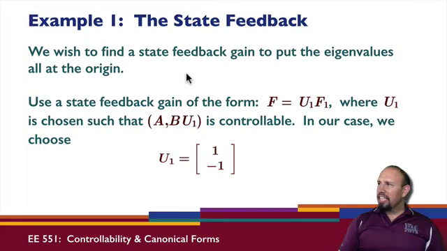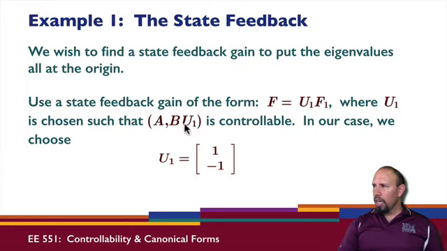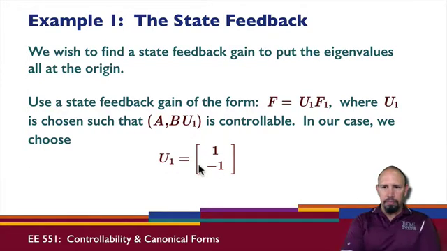So I can fake a single input if I introduce a matrix U1, where U1 is chosen such that A and B times U1 is controllable. I can choose, for example, this matrix. I can show that if I use this U1 matrix, then A and B U1 is controllable.